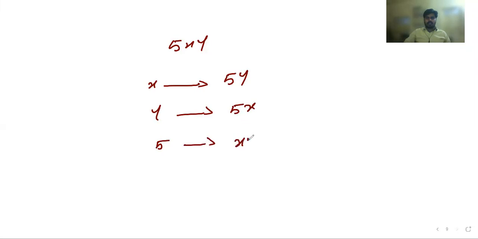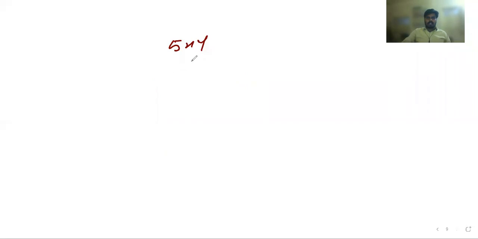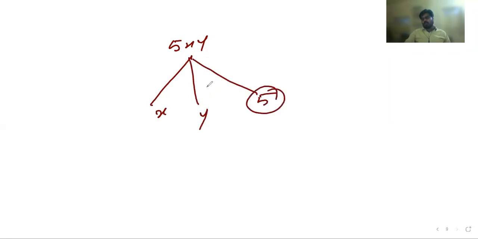Same example, if you take 5xy, x is the literal factor of 5y, y is the literal factor of 5x, and 5 is the numerical factor. X is the literal factor of 5xy, y is the literal factor of 5xy, and 5 is the numerical factor of 5xy. I hope you understood.